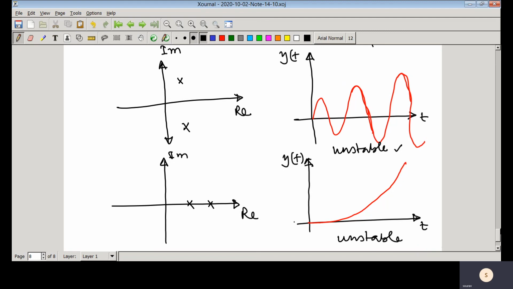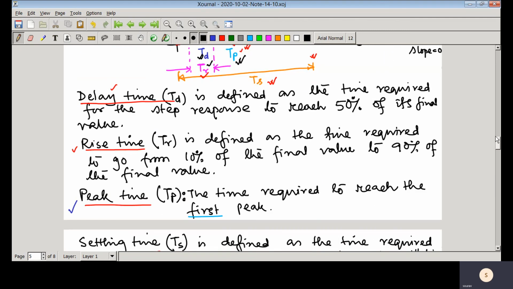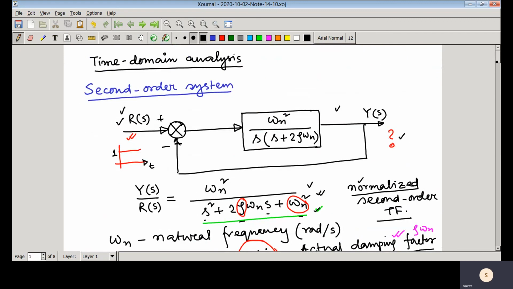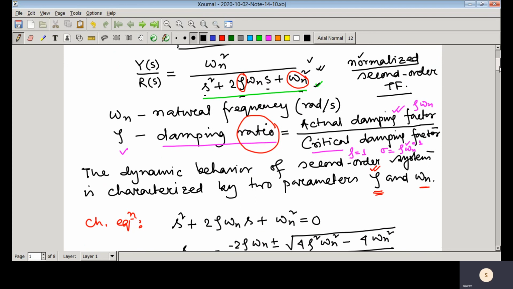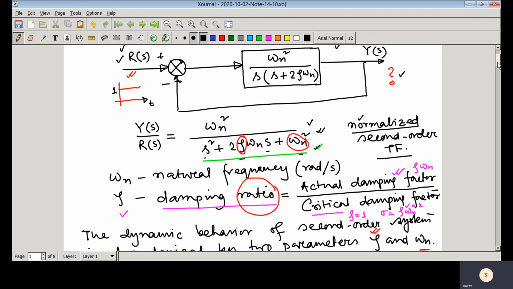So let us see what we have discussed today in this particular part. In the first part we discussed time domain analysis of first order systems, and here the time domain analysis of second order systems. There are two parameters, zeta and omega n, the damping ratio and natural frequency.